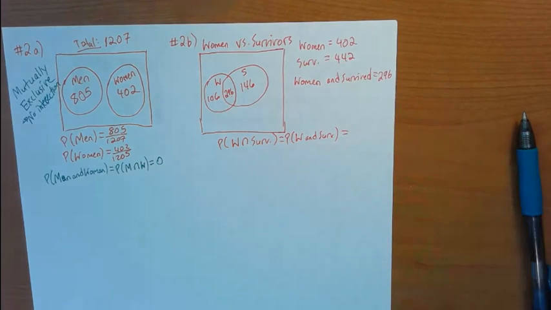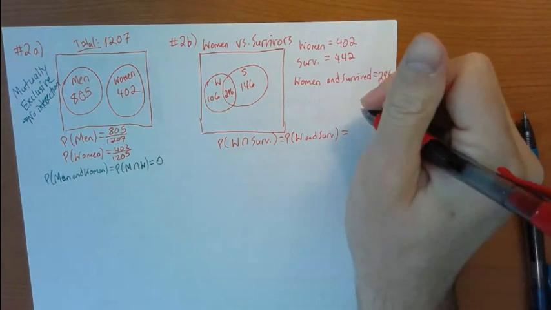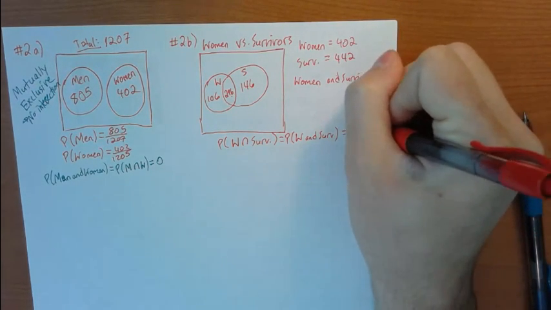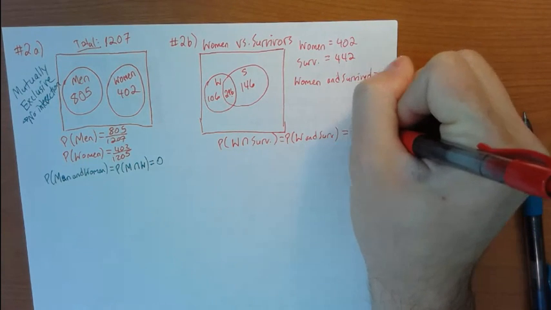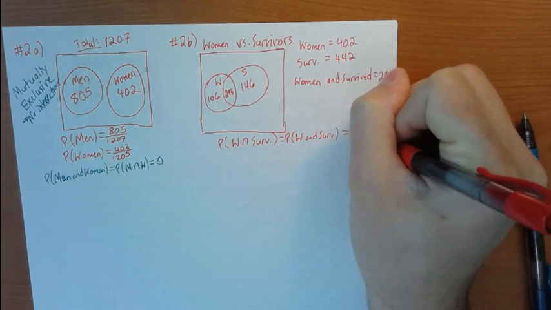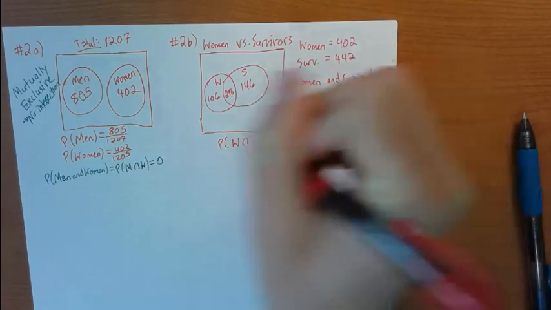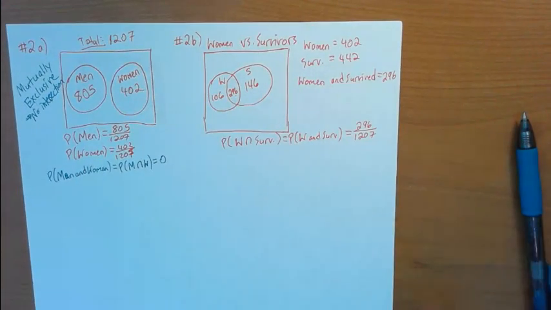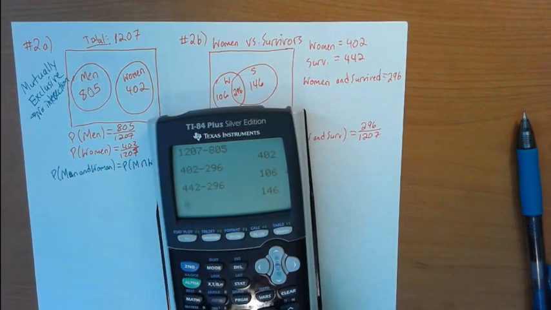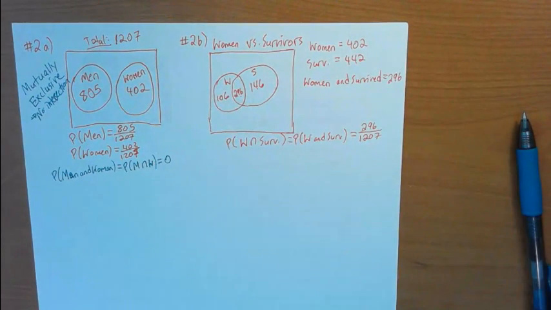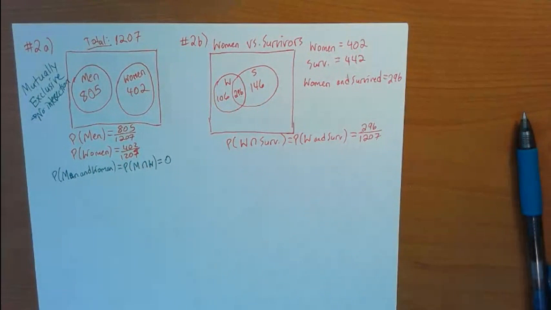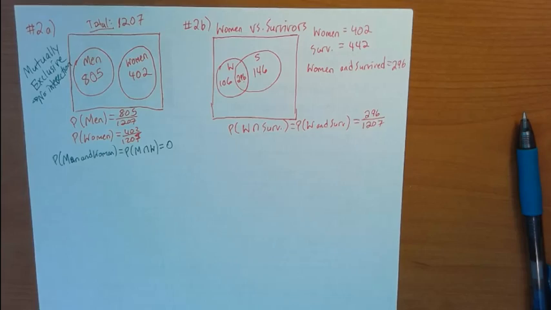So remember, that's just the intersection of these two circles on our Venn diagram. So that would be 296 people out of the 1,207 total people that we had. And you could find that answer in your calculator if we wanted to find our decimal answer, 296 over 1,207. So 24.5%, or about 25% of the people were both women and survivors. So a fairly high percentage there.